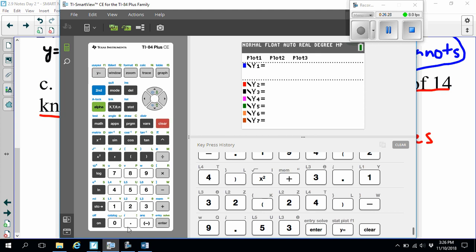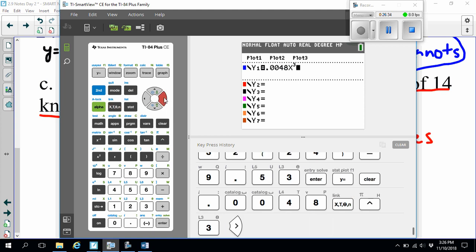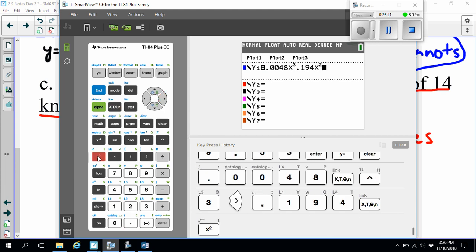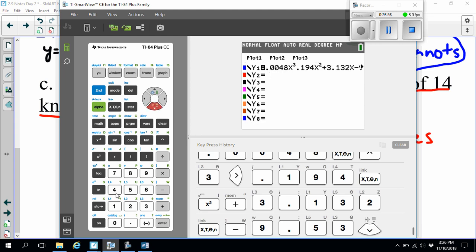My first one, I put 0.0048 x cubed, then 0.194 x squared, then plus 3.132 x, and then minus 9.53. And then my y2 is going to be 14.